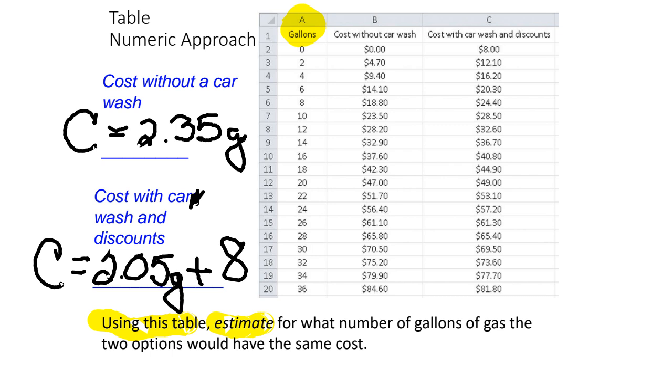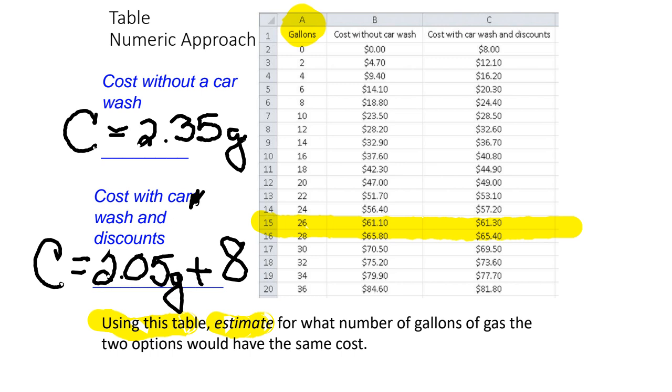Well, if I look all the way down the columns, I am going to find that right here between row 15 and row 16, look at the difference in costs. I have in column B $61.10.